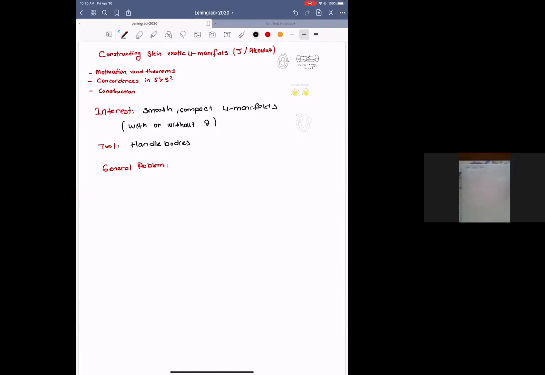And the general problem: given a four-manifold, say W4, does it admit an exotic smooth structure?